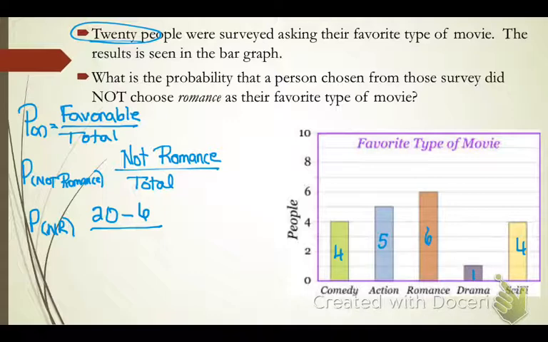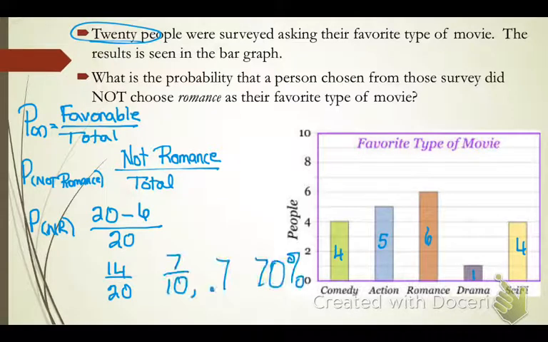So 20 minus 6 gives us 14 out of 20, and remember, we want to represent this as a fraction in simplest form, a decimal, and a percent. So 70% probability that a person chosen from this survey did not choose romance as their favorite type of movie.